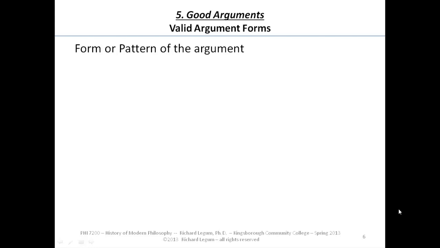But if we're looking at a form or a pattern of argument, think of it like a pattern of a fabric, or a pattern that you're following to draw a picture. It just tells you the form, the way the thing should look. And when we were looking at those last two arguments, we said they had the form: if the first thing, then the second thing.